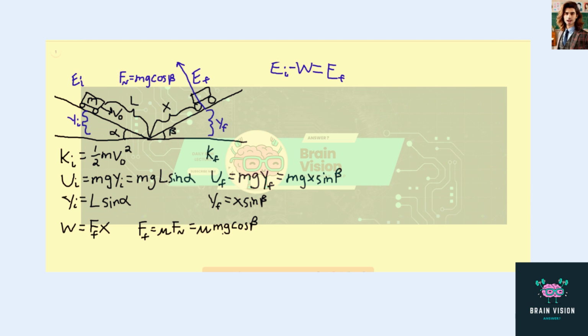We're just going to make that substitution. And we're going to have that the total work done is mu times mg times the cosine of beta. So that's our force of friction. Then, of course, that whole thing will be multiplied by the distance x.